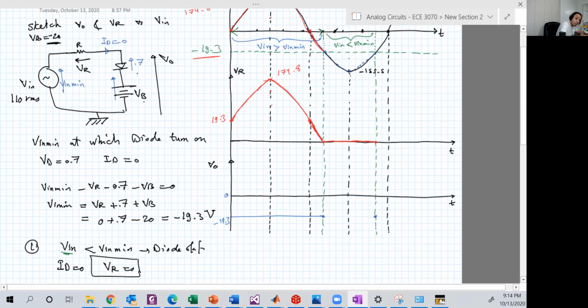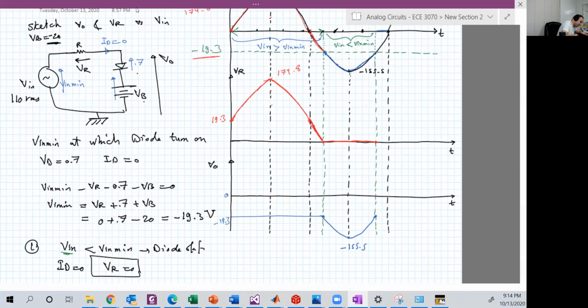Here we have minus V maximum, or minus 155.5. So just copy and paste this part. We didn't finish it because still this region here.